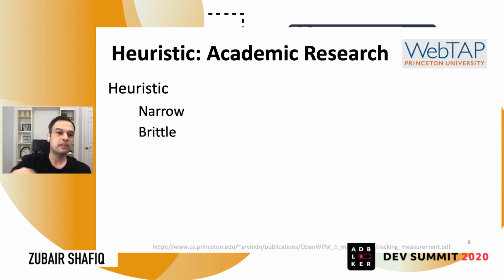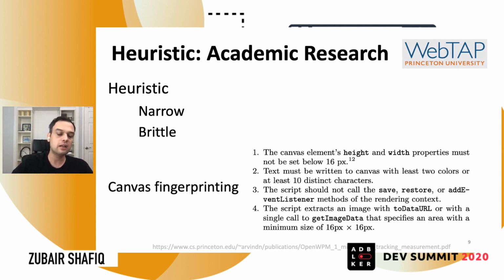In academic research, there has been some research where people have proposed heuristics to automatically detect fingerprinting, but the problem is these heuristics are handcrafted and they're defined very narrowly to avoid false positives. So this is, for example, one of the most widely cited heuristics used to detect canvas fingerprinting.